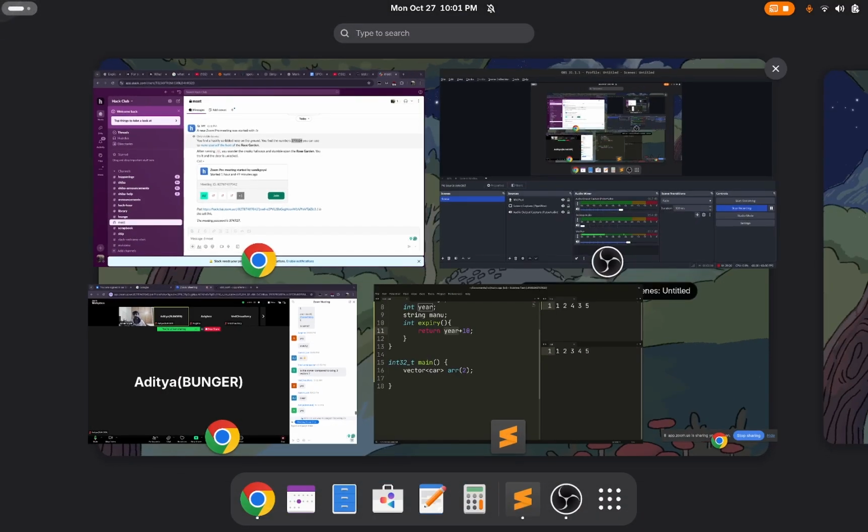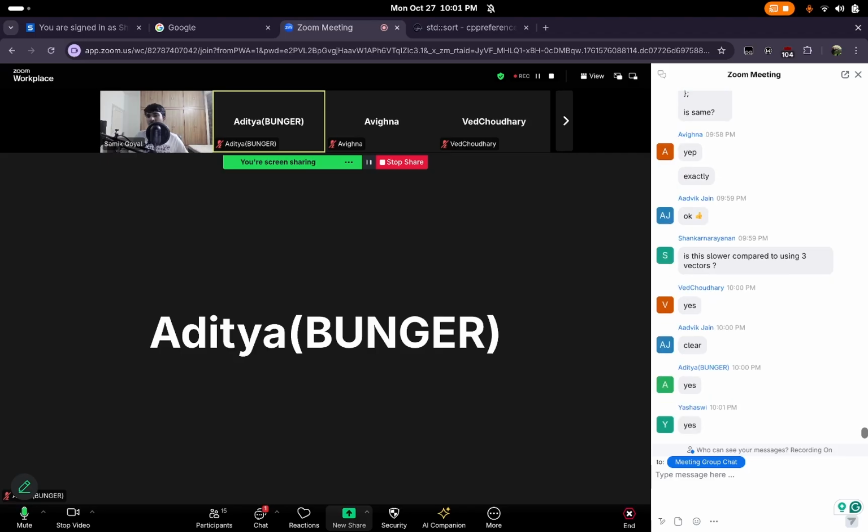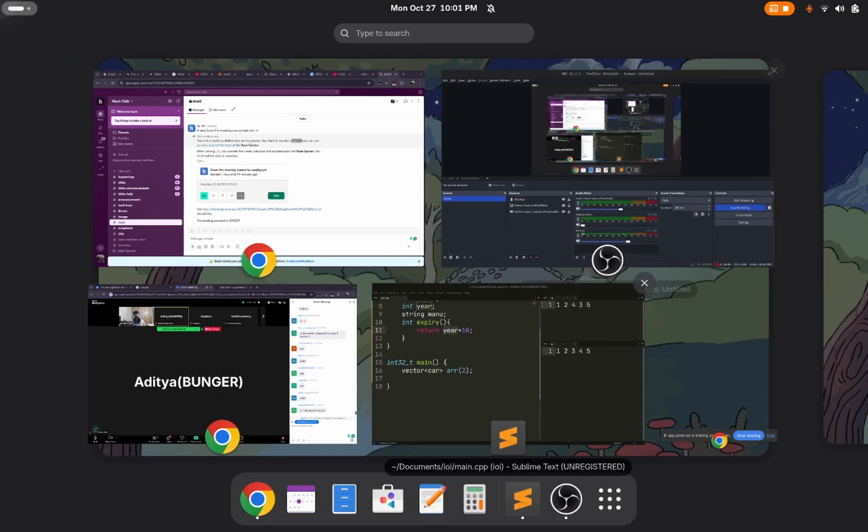Does that make sense? People who have already used object-oriented languages probably would find this pretty easy, but if there's anyone who doesn't quite get what this is supposed to be, please do say so. Okay, cool.